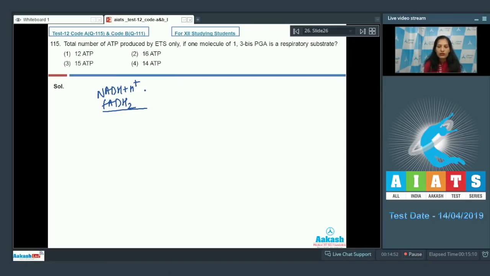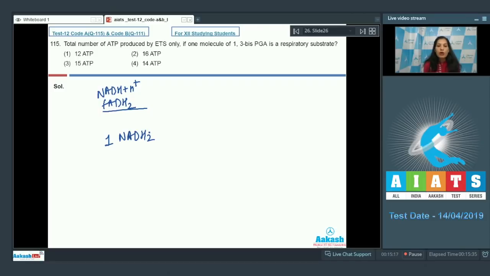1,3-bisphosphoglyceric acid is formed during glycolysis, and at the end of glycolysis pyruvic acid is formed, which undergoes the link reaction to produce one molecule of NADH2.